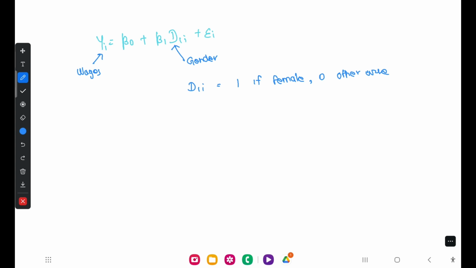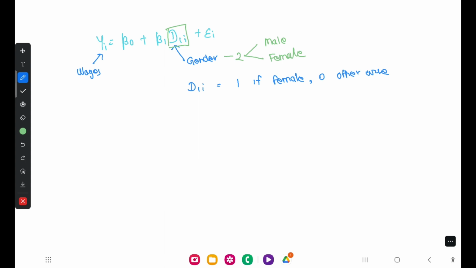Now you see gender has two categories basically. What are the two categories? Male and female. Though we had two categories, we only included one dummy variable. So what we said was the number of dummy variables is the number of categories minus 1.